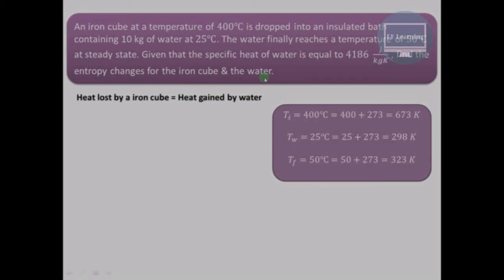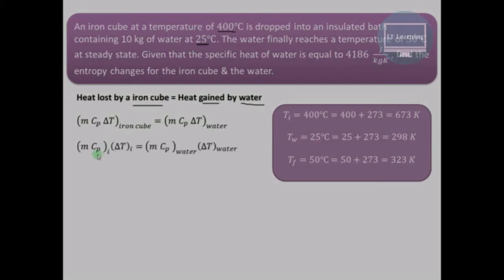Now as the iron cube is dropped inside the bath containing water, and as the iron cube is at a higher temperature of 400 degrees centigrade and the water is at 25 degrees centigrade, naturally heat will be lost by the iron cube and gained by the water. So we can say that mCp delta T for the iron cube must be equal to mCp delta T for water.